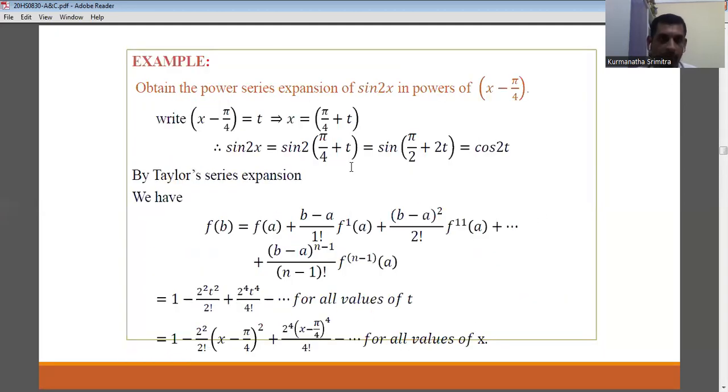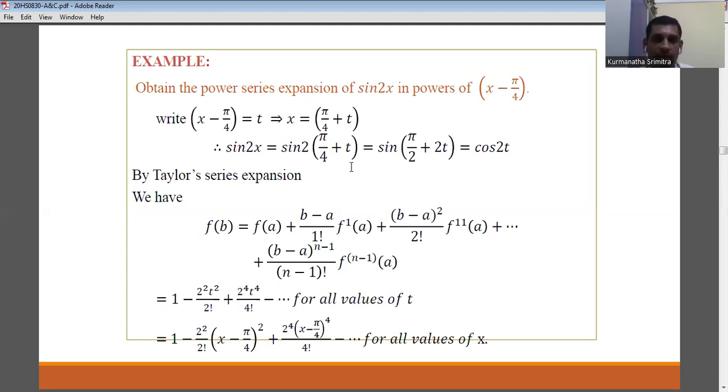For example, for Taylor's theorem, we have the expansion of sine 2x in powers of (x minus pi by 4). Here we take the value of a as pi by 4. To write the expansion, put x minus pi by 4 as t. So sine 2x equals sine of (2 into pi by 4 plus t), that is cos 2t.